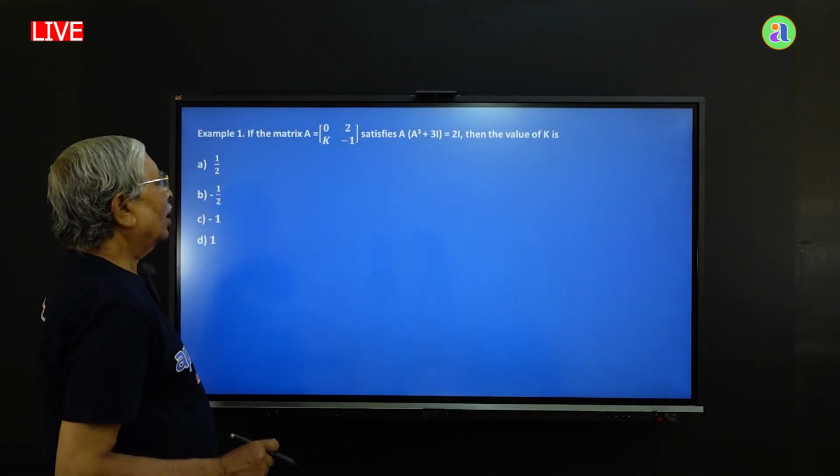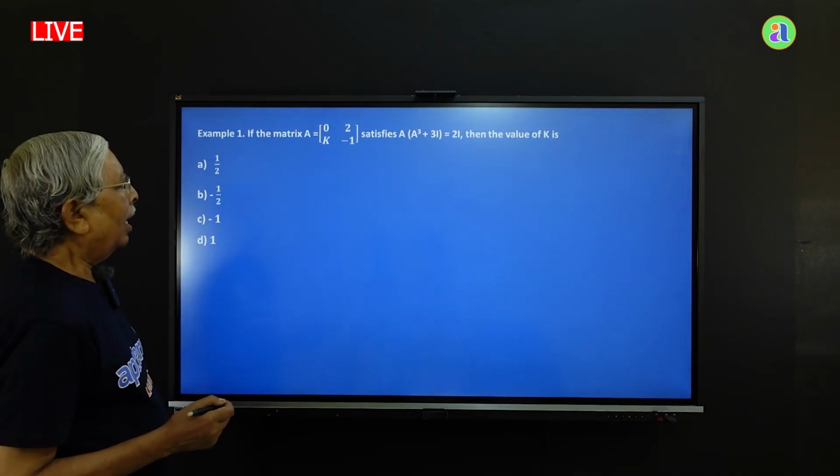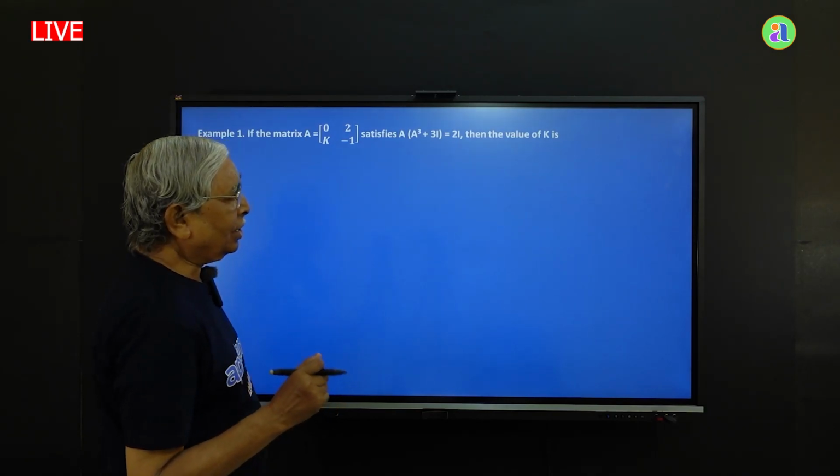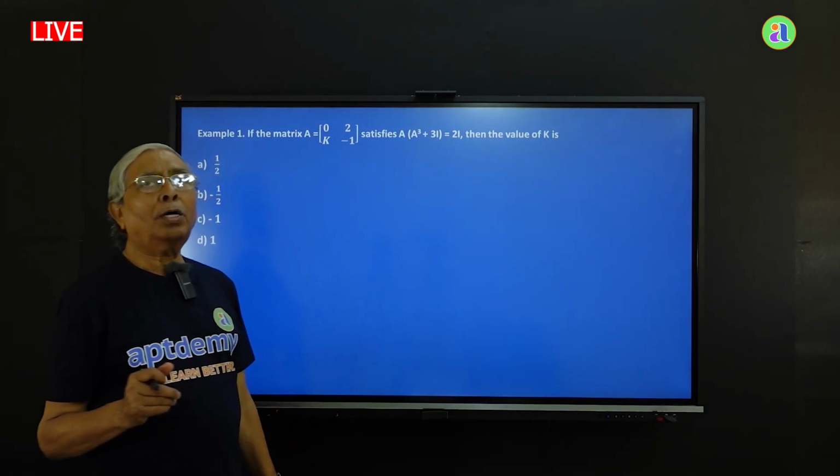First, you note that you are given the matrix A is [0, 2; k, -1]. Now, I have to mention the characteristic equation of a matrix.